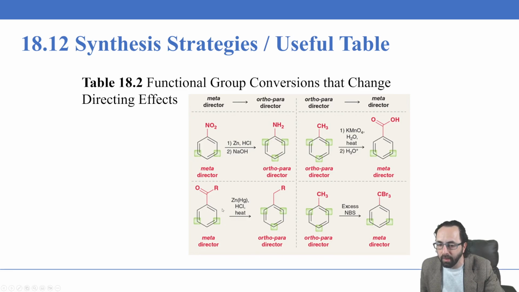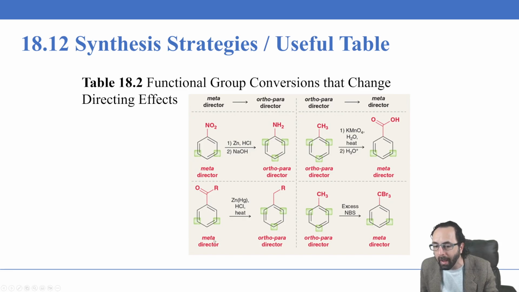If we have a carbonyl group here, it is going to be a meta director, but we can reduce it to an alkyl group, which would make it an ortho para director. Remember, the carbonyl is a deactivating group due to the resonance with the oxygen. So that's very important to understand. You don't want to memorize this, right?